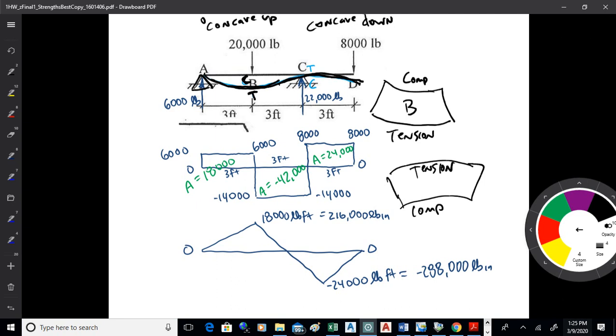Now, as it turns out, there's quite an imbalance with this beam between C up and C down. The C down is so much bigger that it's the one that really determines where your maximums are. But rather than doing all that thinking, which makes my head hurt, I just calculate all the numbers and pick the big ones. That's how I approached it, okay?